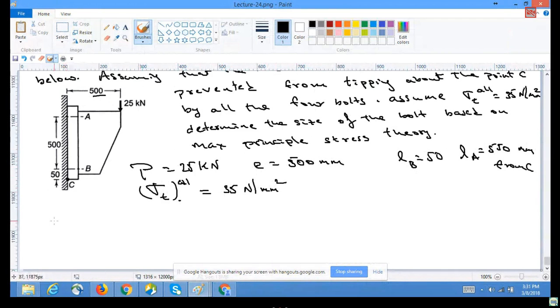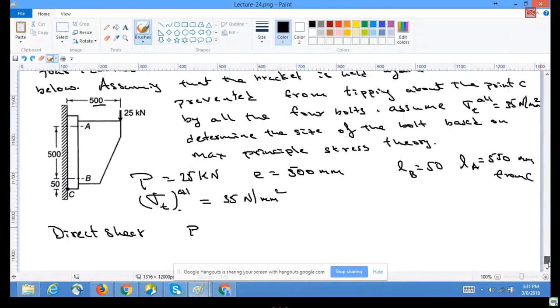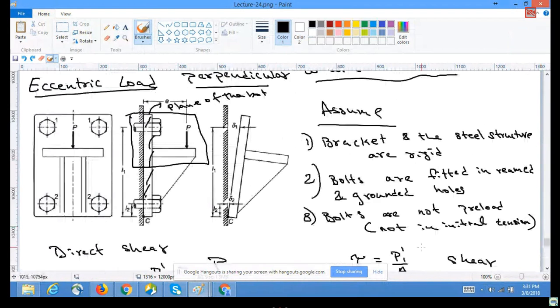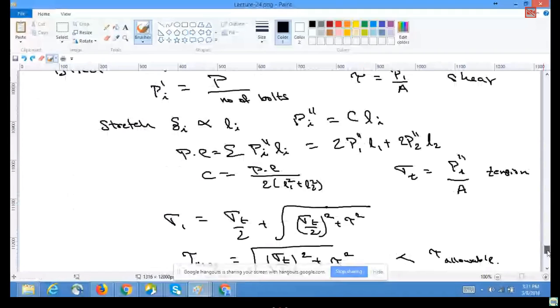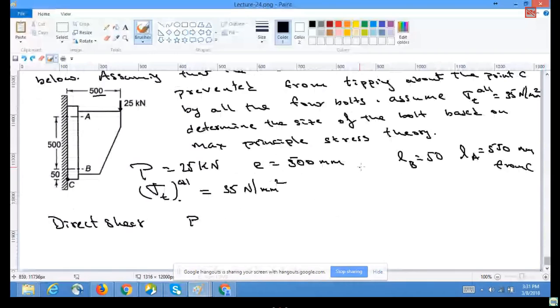So our direct shear will give P1 dash or P2 dash. There are 4 bolts, as we have seen earlier, so this is very similar to that one. There are 4 bolts, 1, 2, 3, 4. Let's say these are location 1 or location A and location 2 or location B. A is analogous to the 1 location, B is analogous to the second location.